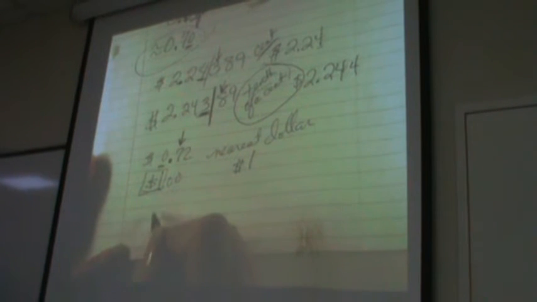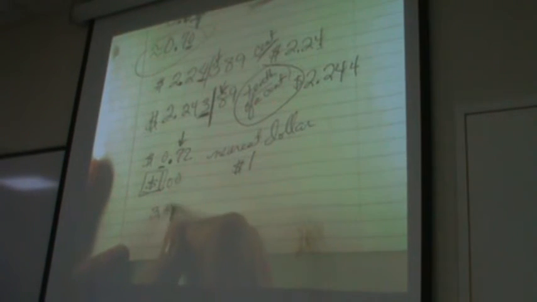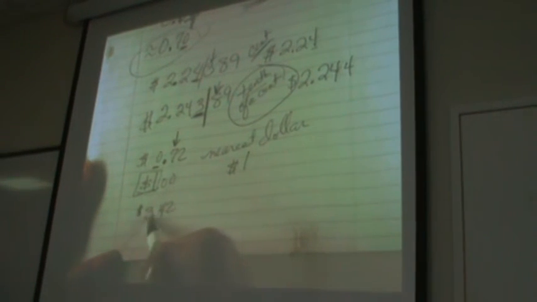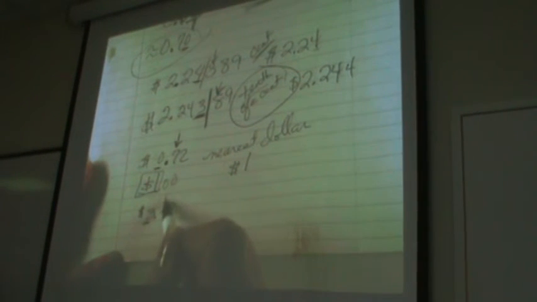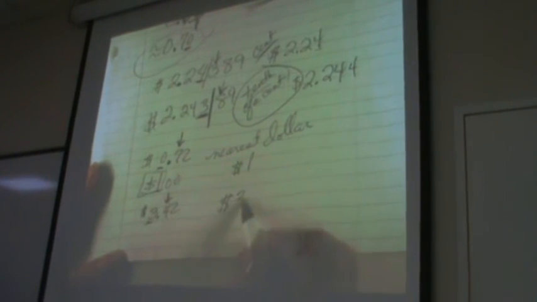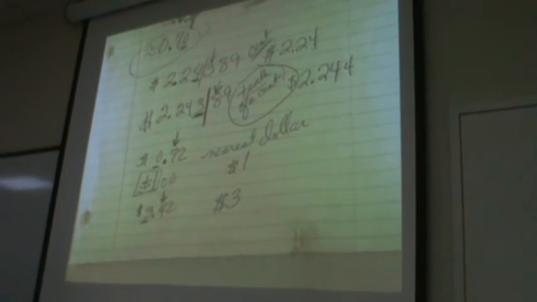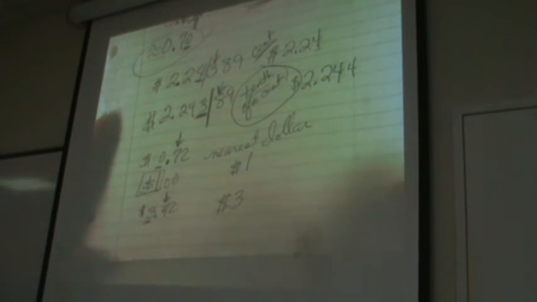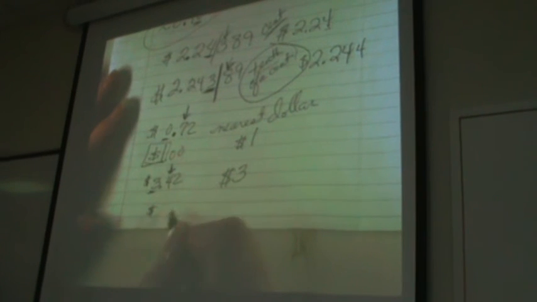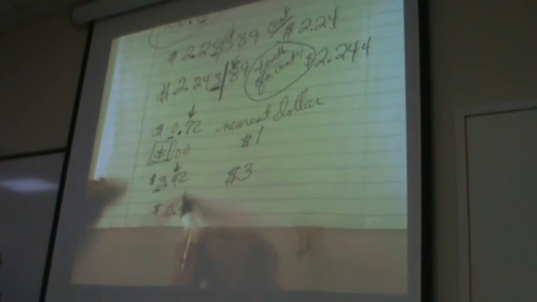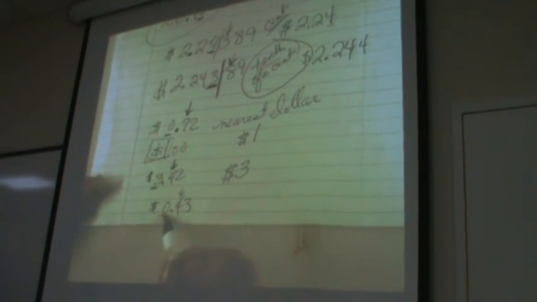Let's say 3.42, rounding that to the nearest dollar. Here is your $1. Look at the 4 following it. The nearest dollar would be $3. If you had the dollar sign with 0.43, the nearest dollar would be 0.